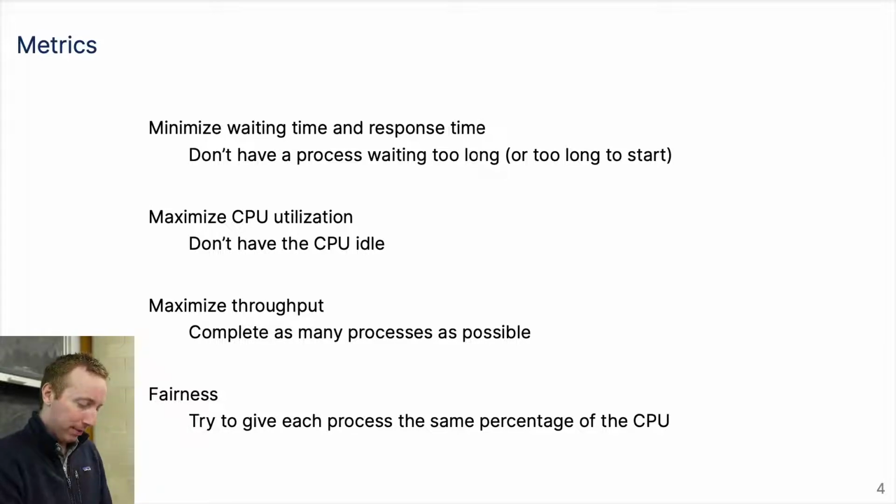Next, you might want to maximize throughput, so complete as many processes as possible if you only care about the absolute number of processes that finish. And finally, the last metric, which is kind of at odds with all the others, is fairness, where you try to give each process the same percentage of the CPU and try to be fair and not pick any favorites.